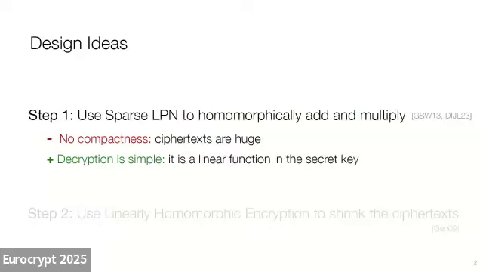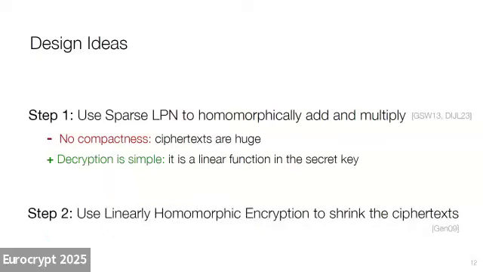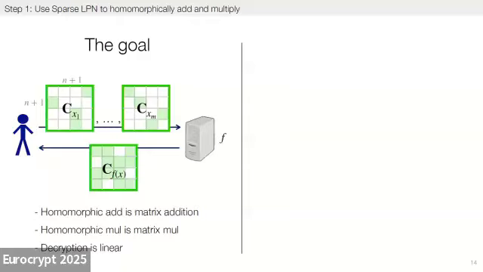But these ciphertexts have the appealing property that decrypting them is very, very simple. So it only requires evaluating a linear function in the secret key. And so then, in a second step, we're going to use a linearly homomorphic encryption scheme to shrink down these ciphertexts and make them compact. And so now I'll step through each of these 2 ideas in much more detail.